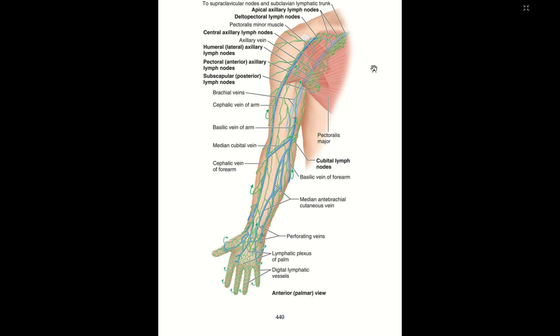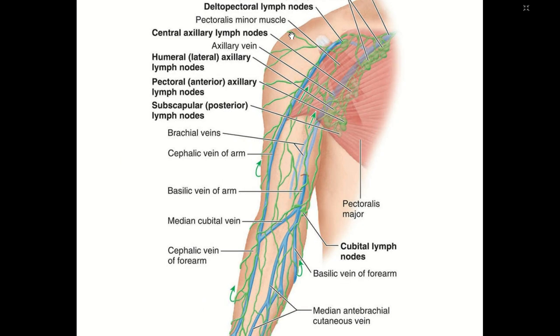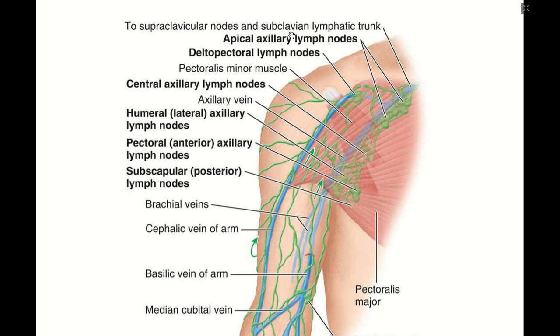Take note of this. All the lymph of the upper limb drains into axillary lymph nodes, which we spoke of in our axilla lecture. But today we're going to go through them again. You have five groups of lymph nodes in your axilla.